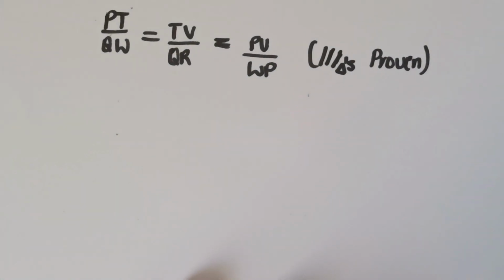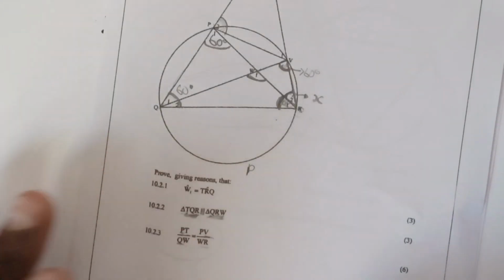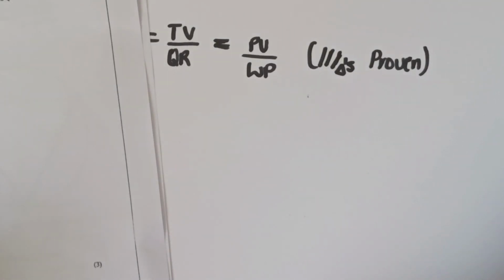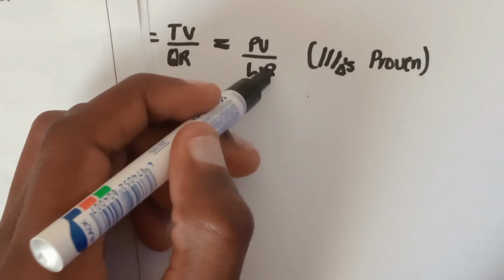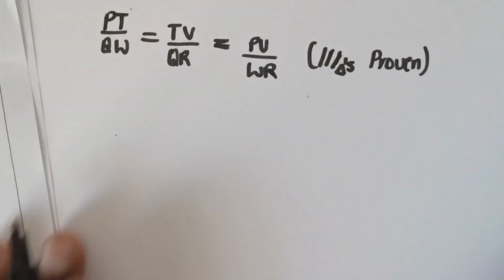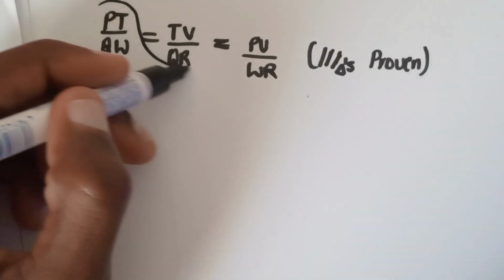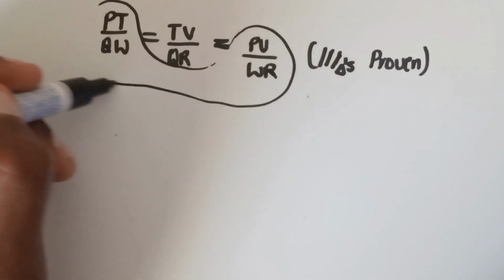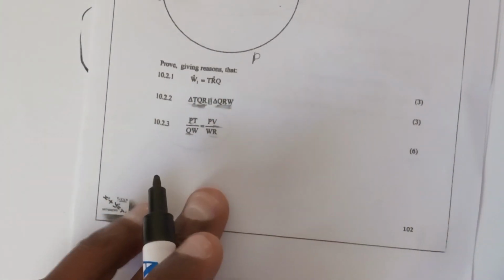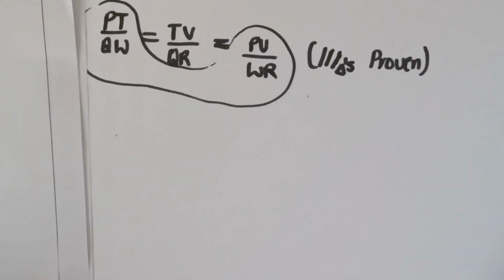So now that is our reasoning. Let's check if from these we get PT over QW, PV over WR. We can simply see that this gives us the exact thing as it is asked in the question.